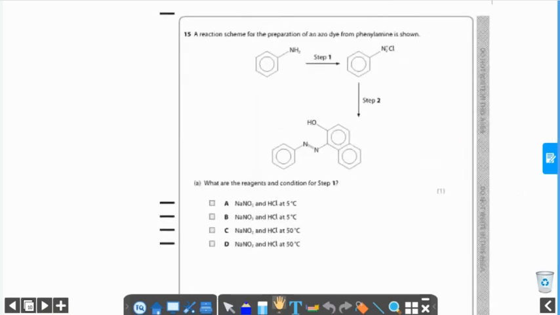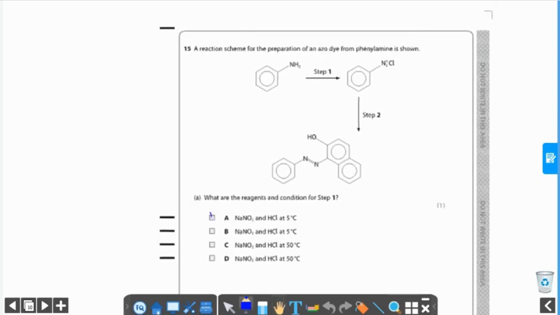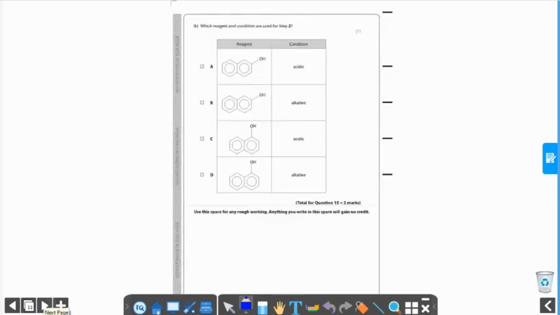A reaction scheme for the preparation of an azo dye from phenylamine is shown. What are the reagents and conditions for step 1? This is a diazotization reaction: NaNO2, sodium nitrite, HCl, 0 degrees to 5 degrees Celsius. And again, a straightforward question. Which reagent and condition are used for step 2?